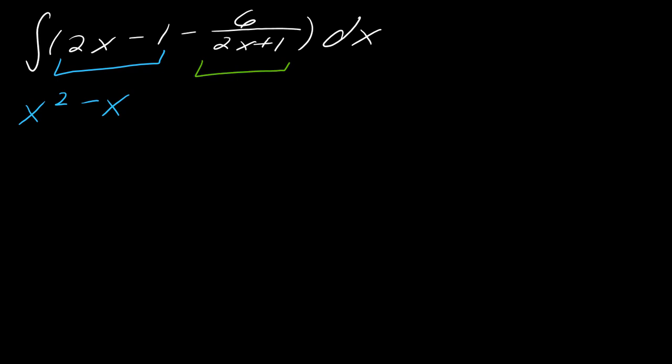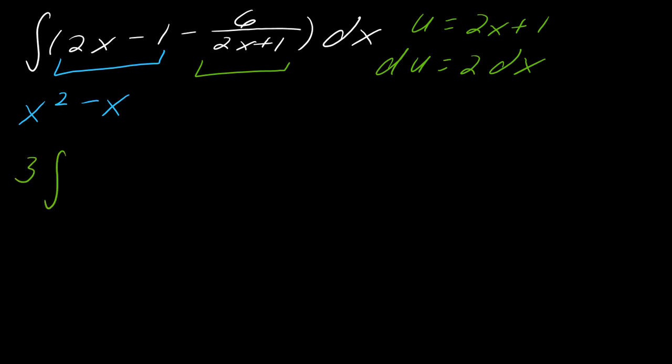So let's see. I'm going to have my u equal to 2x plus 1. So my du will equal 2 dx. So if I set up this integral here, this 6 I can factor out a 3. Let me back up a little bit here. So I have 6, which could be rewritten as 3 times 2 over 2x plus 1 dx.